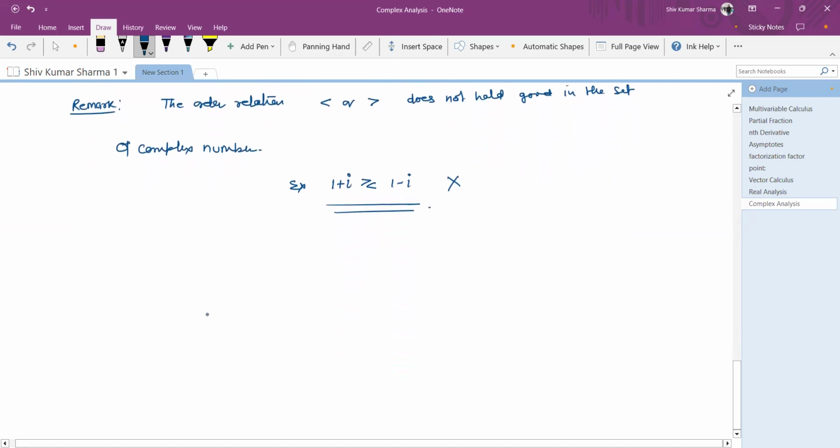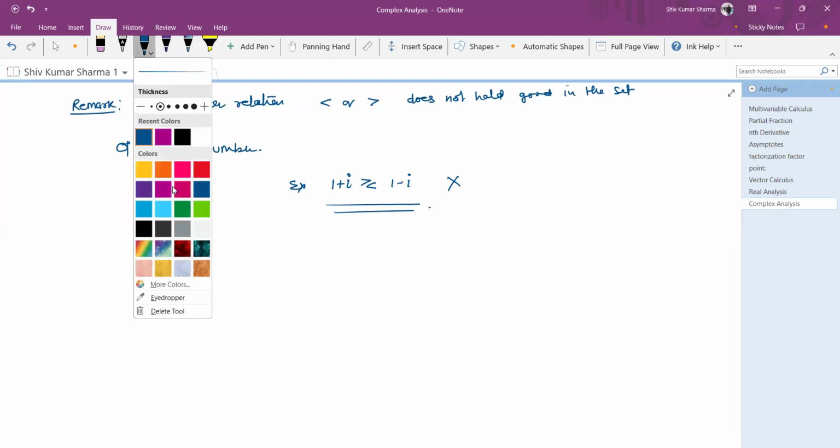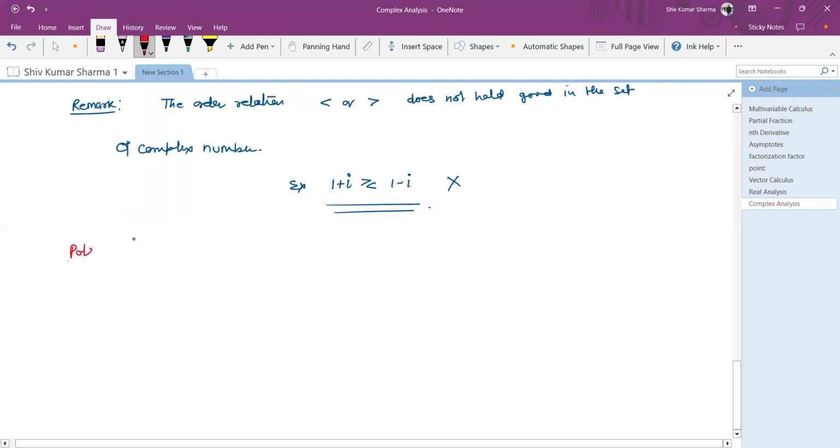Now, first we have the Cartesian form of the complex number. So for the Cartesian form of the complex number, you understand that we take the ordered pair xy. So x, y represent the Cartesian form. So now we move to the polar form of the complex number.